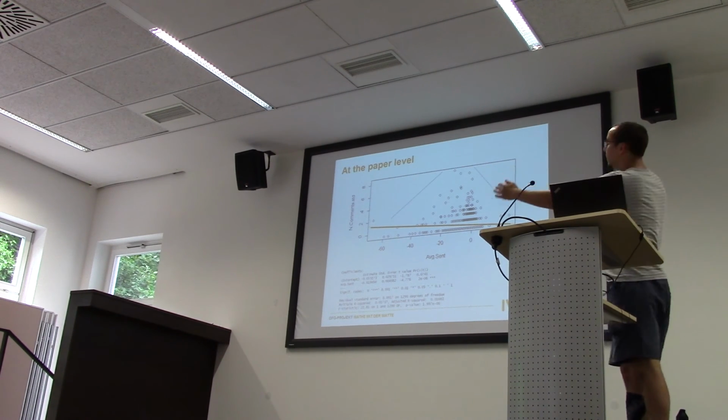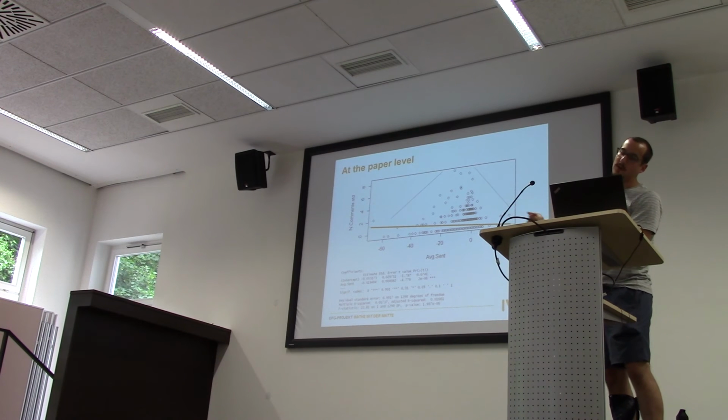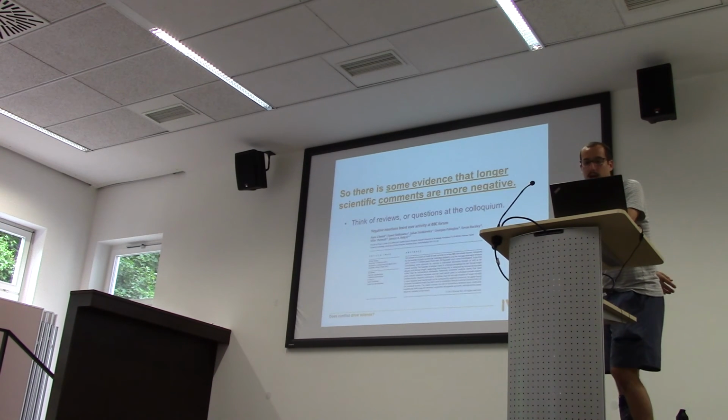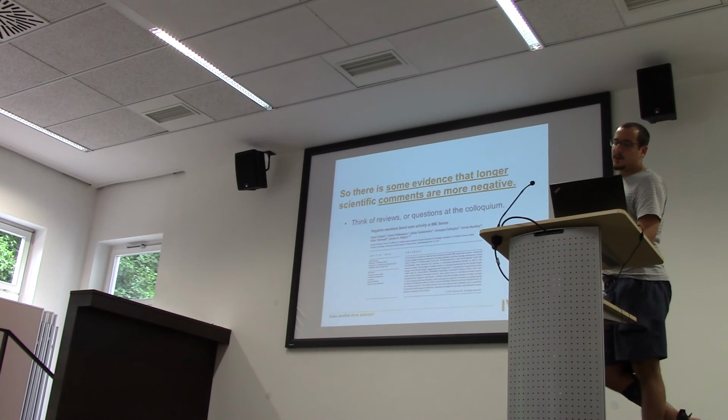You can see that as they get more comments, they go to the middle, like a regression to the mean. So one or two very negative comments will pull a paper, so it's a smaller relationship. But yeah, this is the Schmiel paper that we did at the BBC, and we've somehow replicated it.